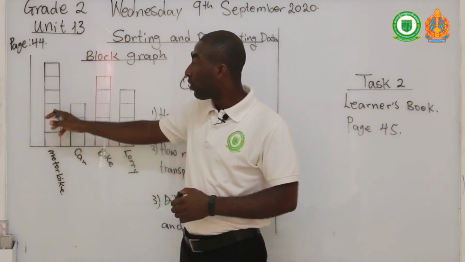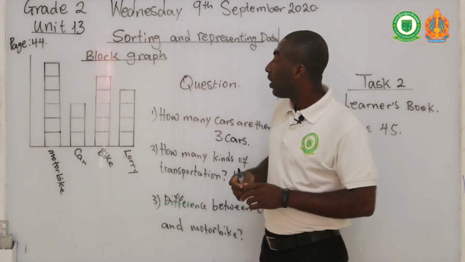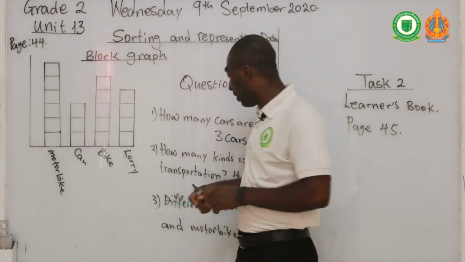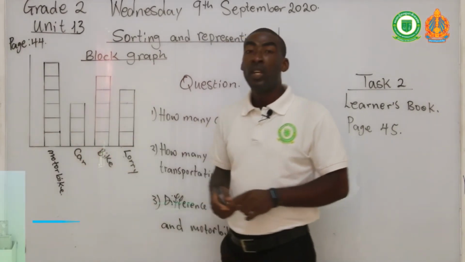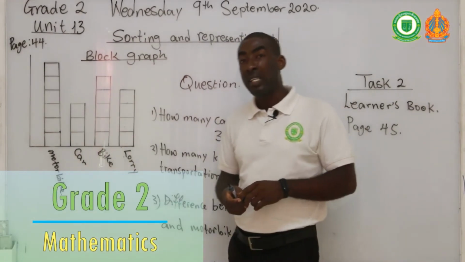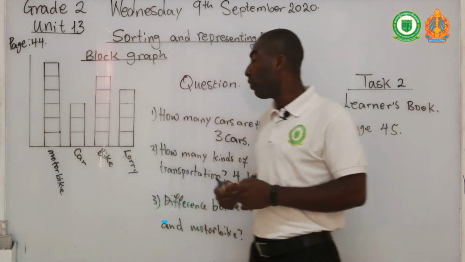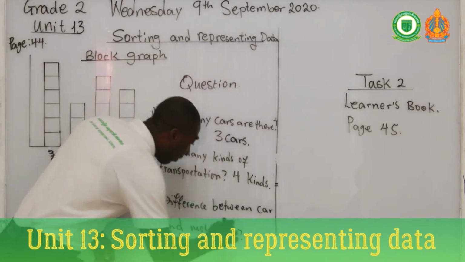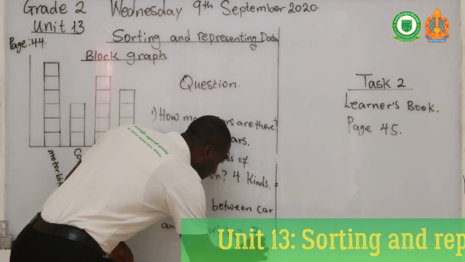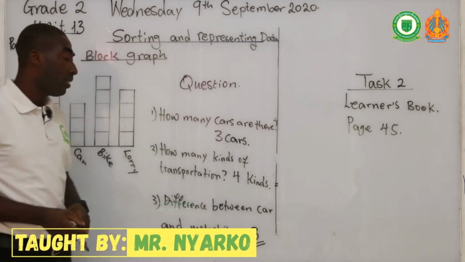We have 1, 2, 3, 4, 5, 6, so we have 6 motorbikes. Then we check cars: 1, 2, 3. We find 3 for cars. So we subtract 3 from 6, and we get 3. So the difference here will be 3.